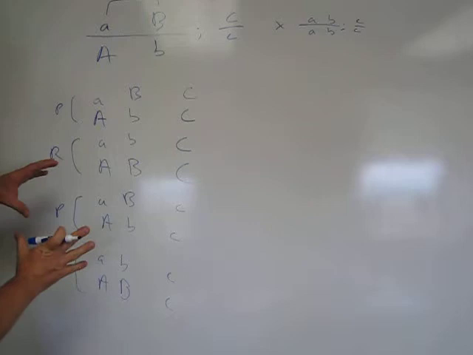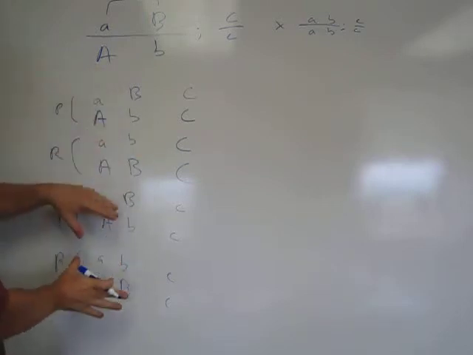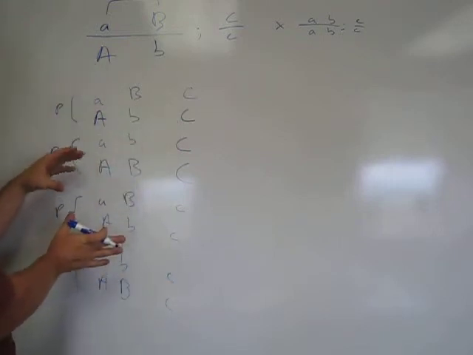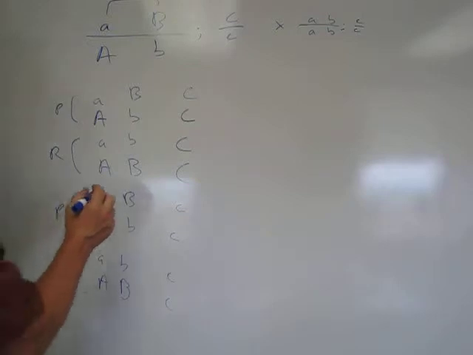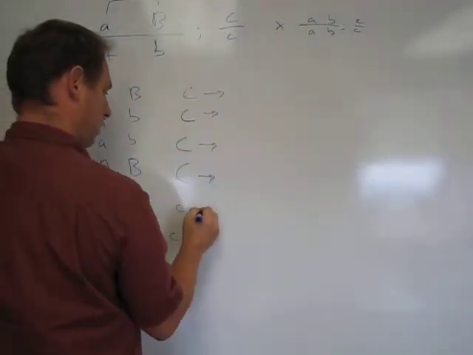Now what's the relative abundance of these to these? Well, all that matters is big C or little c, so these ones will be in equal abundance.